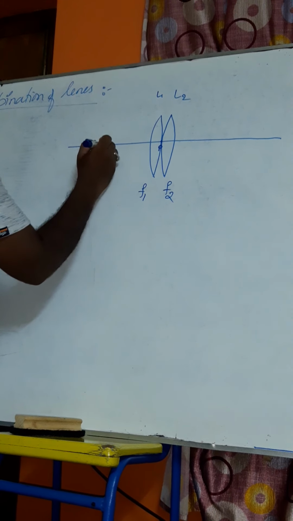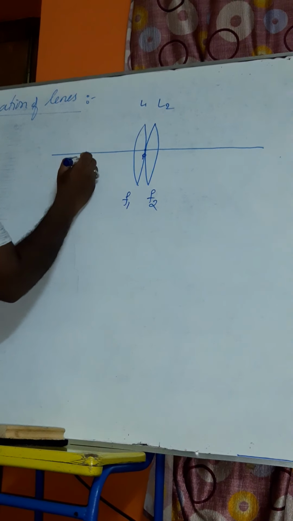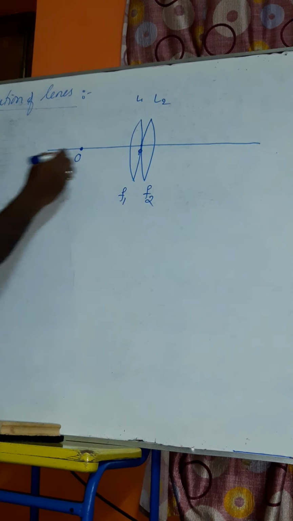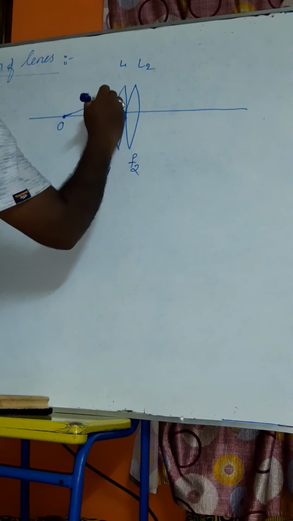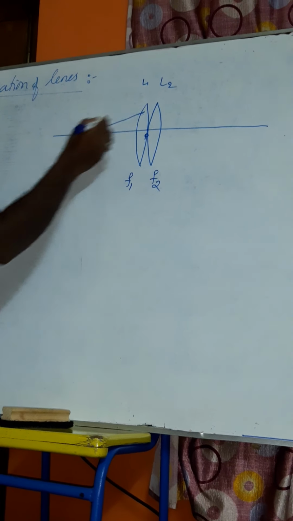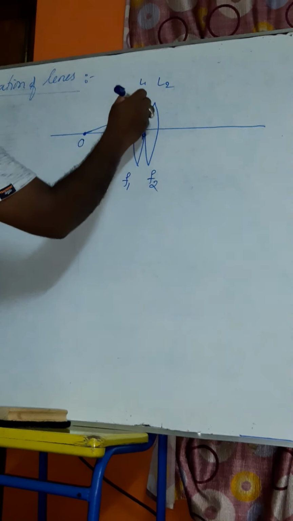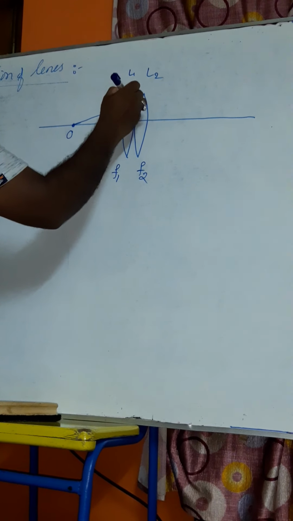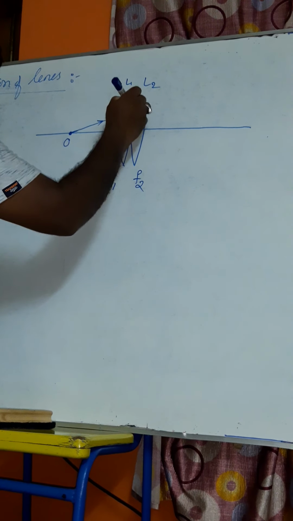Now let us consider a point object, O is the point object. Consider an incident ray passing like this, which is incident at this point. After refraction by the first lens, the light passes like this.